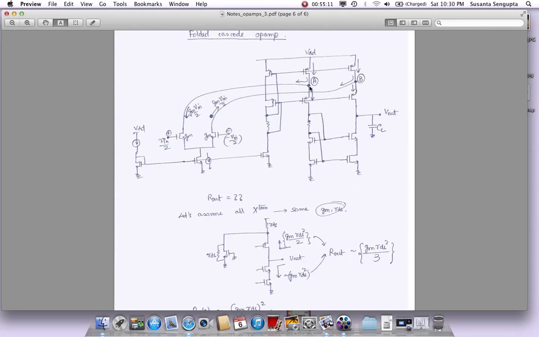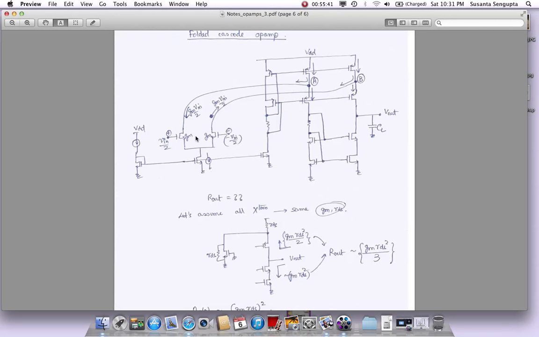So the current that comes here sees an RDS looking up and a 1 over GM. Where do you think the current will go? 1 over GM is a low impedance, RDS is high impedance. Most of the current will go this way. If I say GM times RDS is roughly 100, then 99% of the current will come around and go this way. Okay. This device also has its own RDS, so that will be another path where this current could get lost.